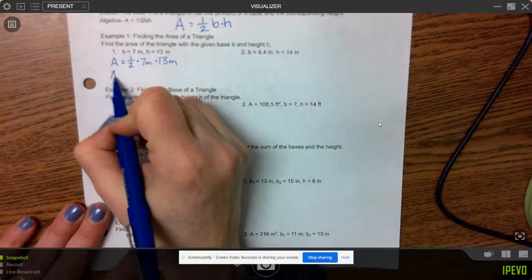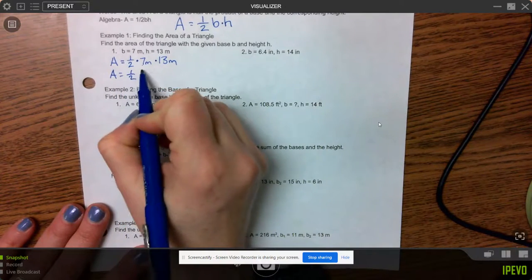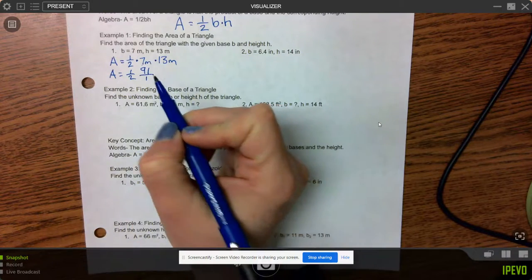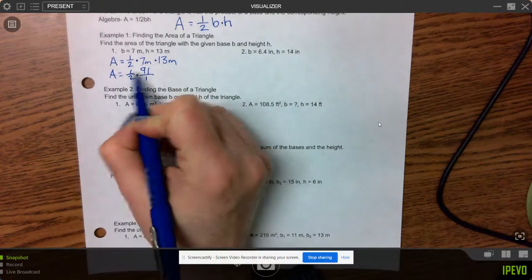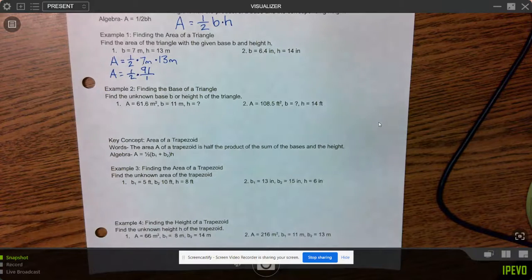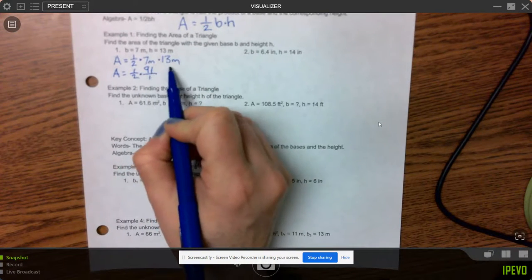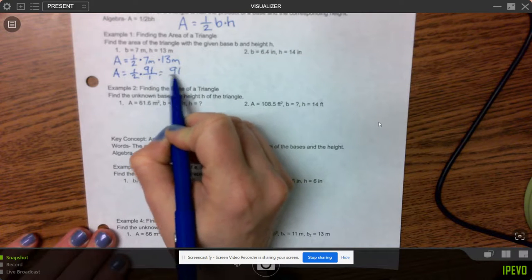So now we have 1/2 of 91, which we know is 1/1. So we're going to multiply and divide it by 2, because we have 1 times 91 over 2.